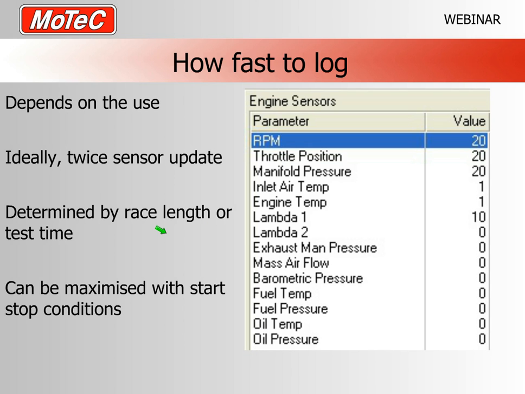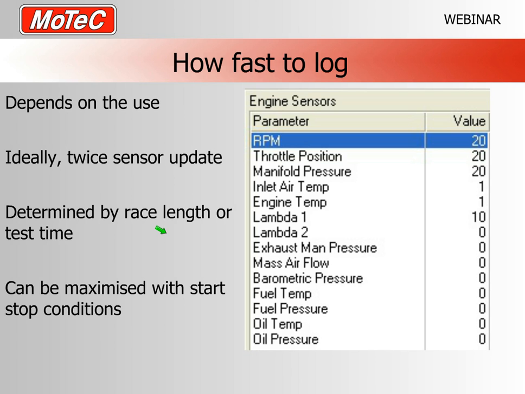As I say, down the bottom, you'll see your time disappearing as you add more things. Now you can maximize your logging with start and stop conditions. There is a setup in the ECU, which we'll get to shortly, that allows you to turn the logging on and off by specifying a particular RPM to start and stop at. This means that if you have a long idle period where the car has to be run for quite a while after your test session, you can avoid logging it.